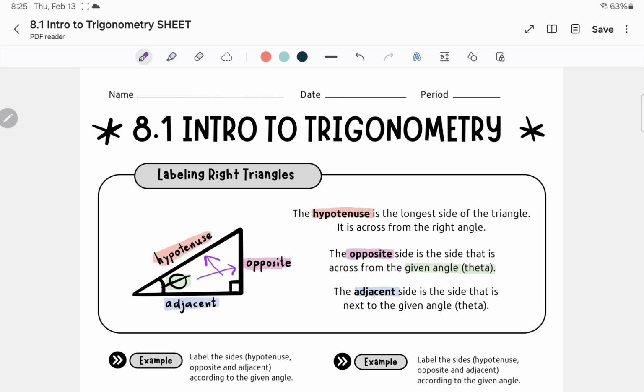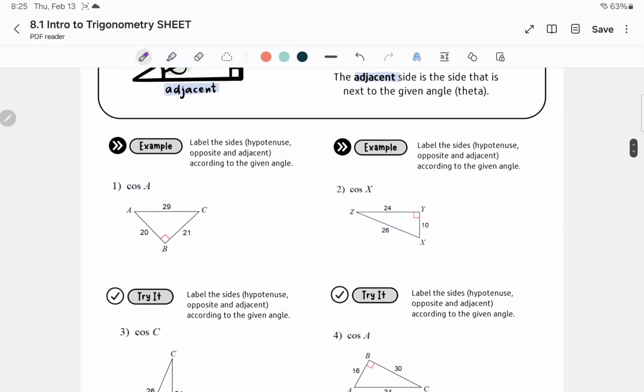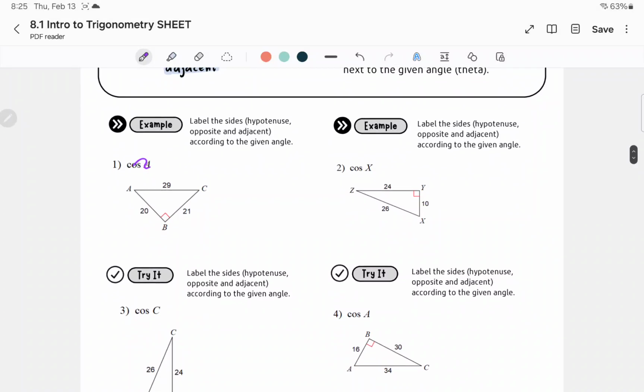All right, I'm going to use this to label. Now on your sheet, this should be crossed out. So let's just cross that out. We're going to look at what that means next. Okay, so it says label the sides hypotenuse, opposite, and adjacent according to the given angle. This time is A. So go ahead and circle the angle, circle the letter, which is going to be this angle right here.